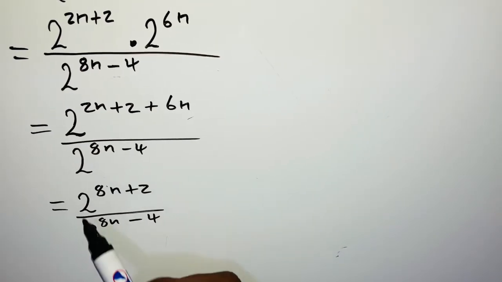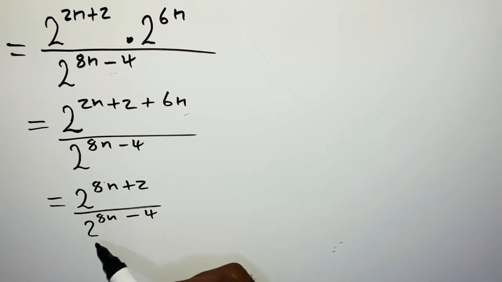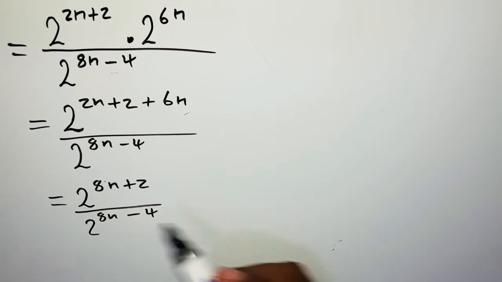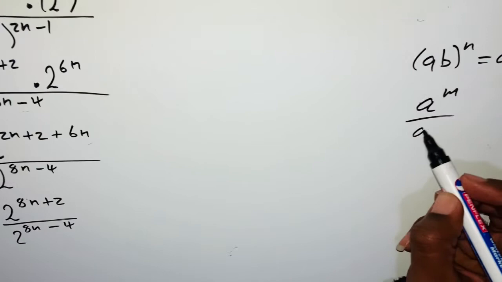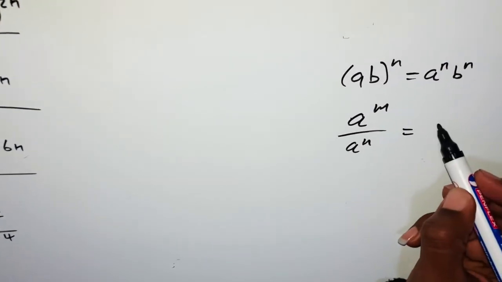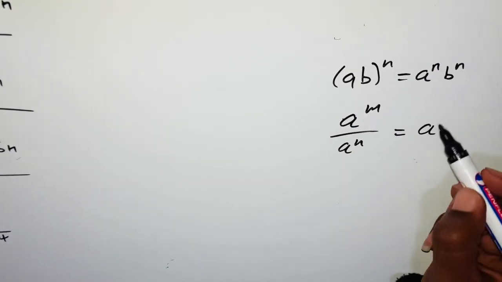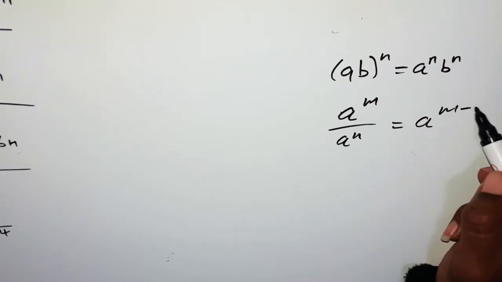Now we are dividing things of the same base, which the law states that if you are dividing things of the same base, you have to take one base, then subtract the exponents.